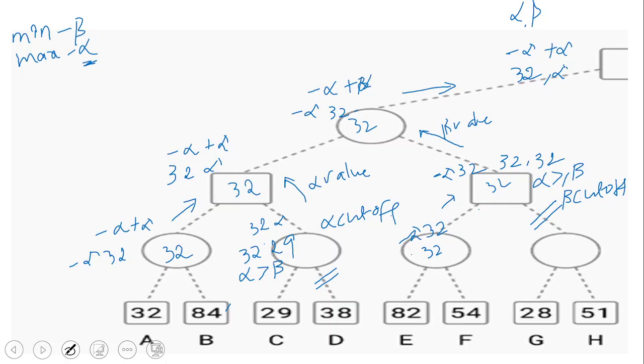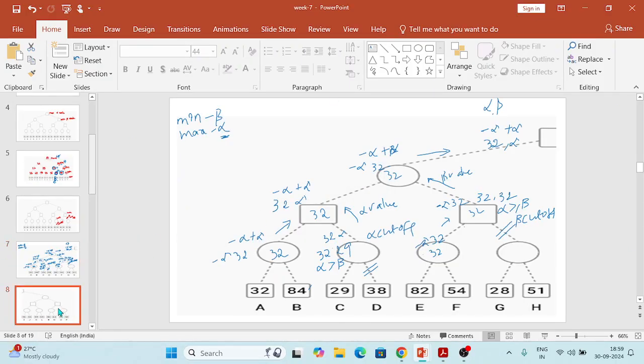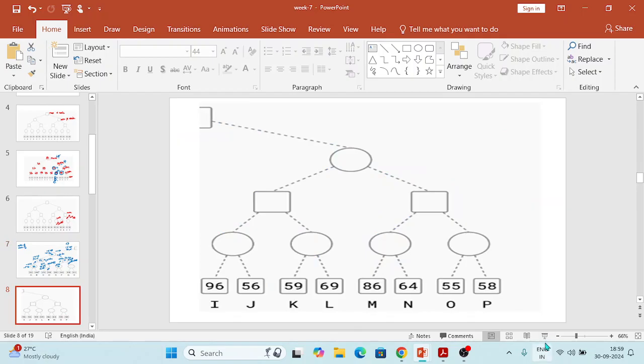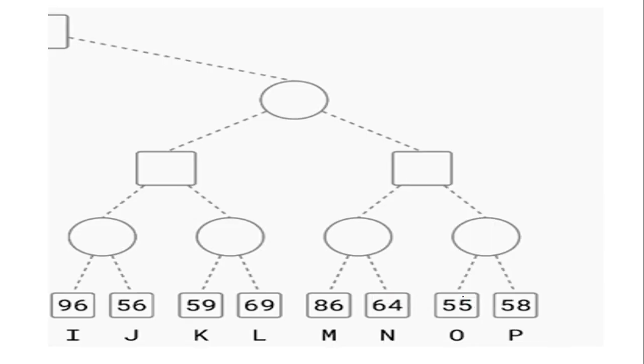This is the left side part. We got 32, infinity. Now we'll see the next side part. Here we got 32, infinity.